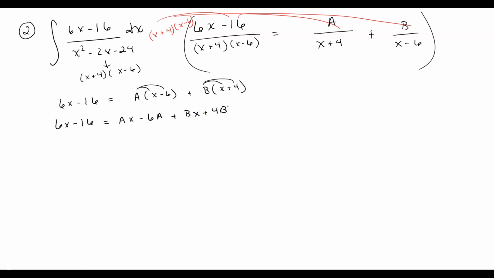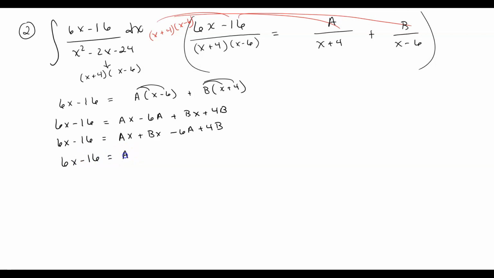Okay, so I've got that right there. Again, this is my systems approach. Now I'm going to regroup everything. Let's group the x terms together and the constant terms together, because this is going to serve a purpose. We're going to match things up here.